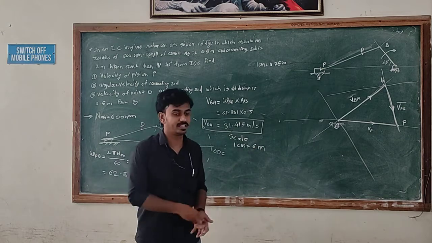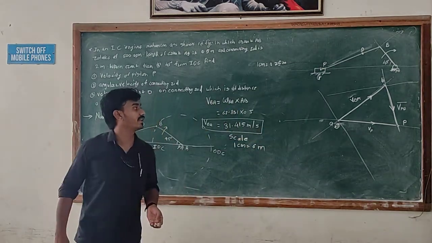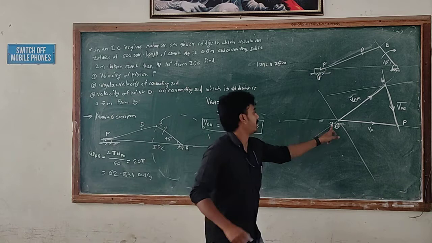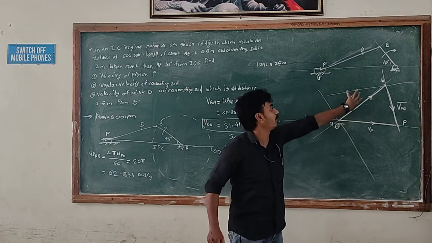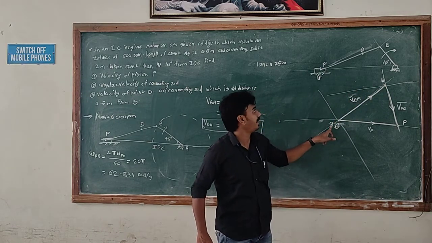This is my velocity vector diagram. That is, this vector AB will represent the linear velocity of the link AB.